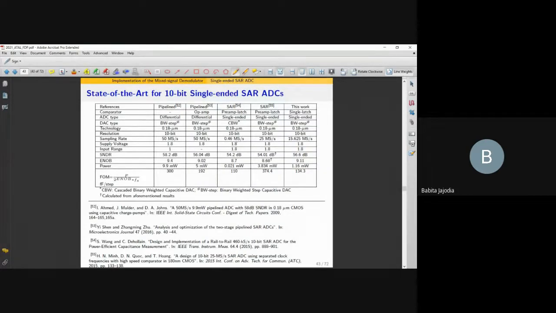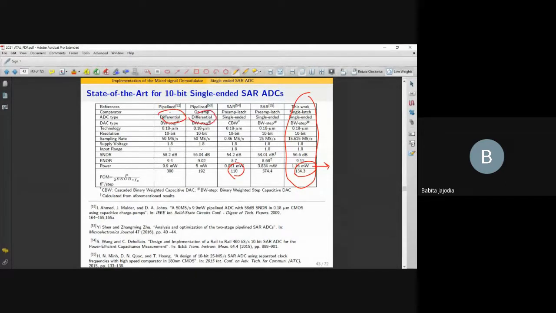So these are a few comparisons based on the literature and this work that we have done. You can see the power consumption of ours is less compared to the others, right? And the figure of merit, we can't say this is the best, but it's somewhat higher than these references. But again, we can't have a fair comparison because the objective of each one was different.